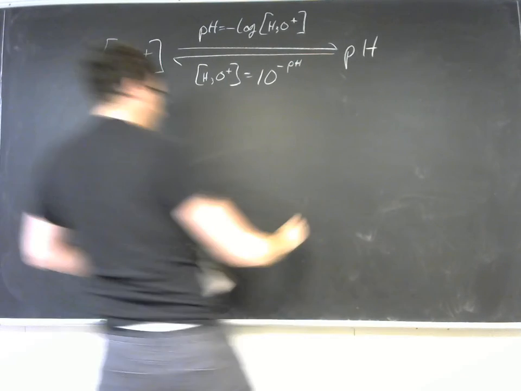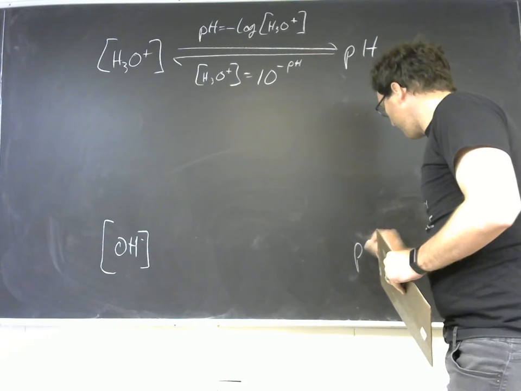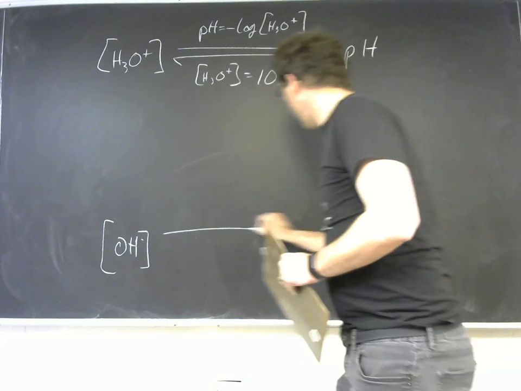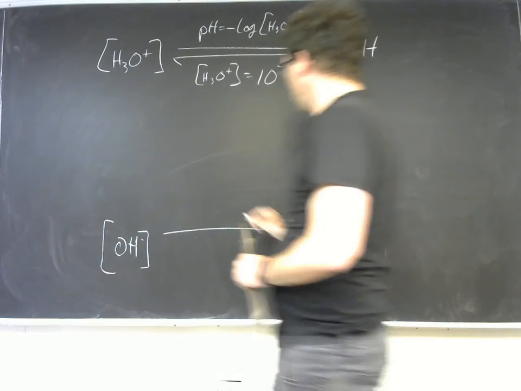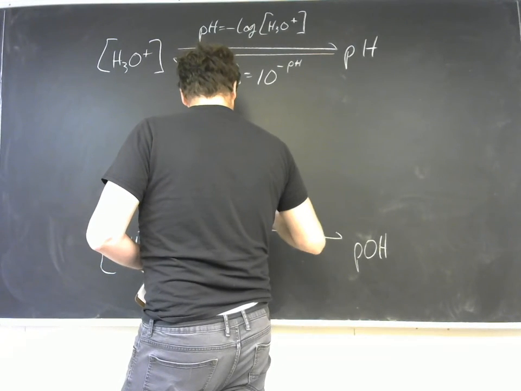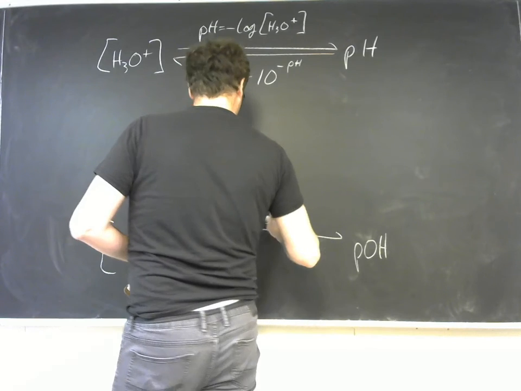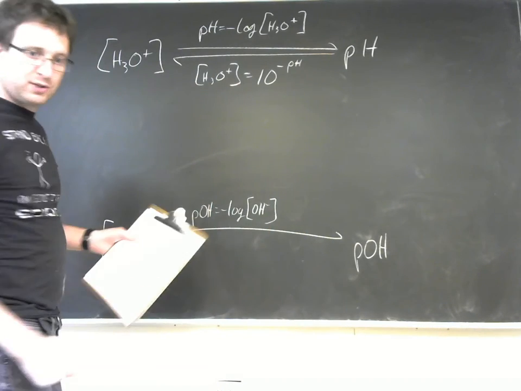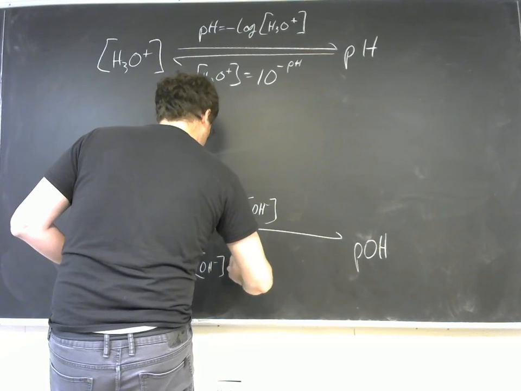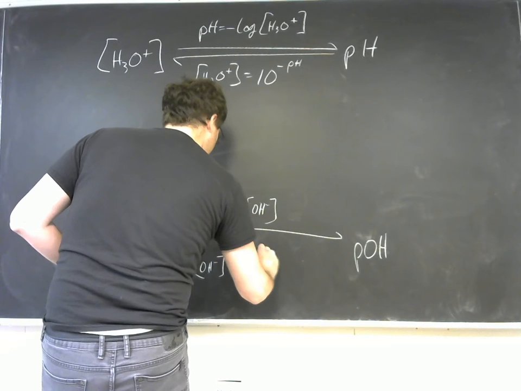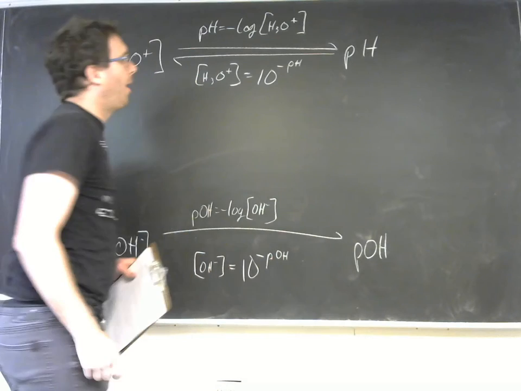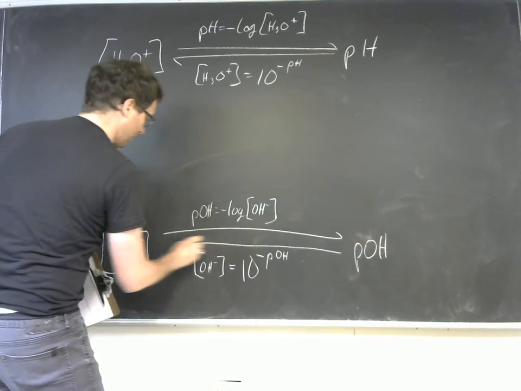I can have the OH- concentration and the pOH, and they have a similar relationship. The OH- concentration can give me the pOH because the pOH is the negative log of the OH- concentration, and I can find the OH- concentration by taking 10 to the negative power of the pOH. So that would be going the other direction.